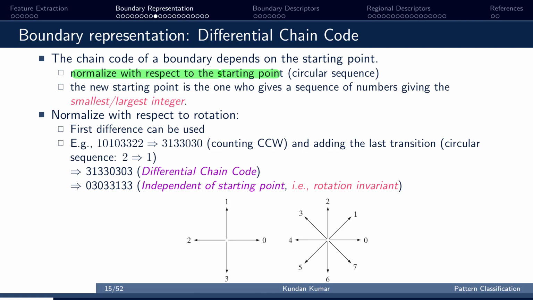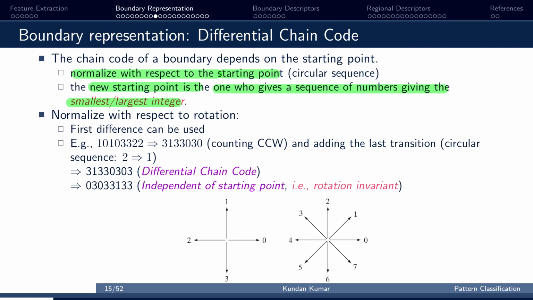So a new starting point is the one which gives the sequence of numbers forming the smallest or largest integer. So we have to write our chain code in circular sequence, and find the number which is smallest or largest, any one.